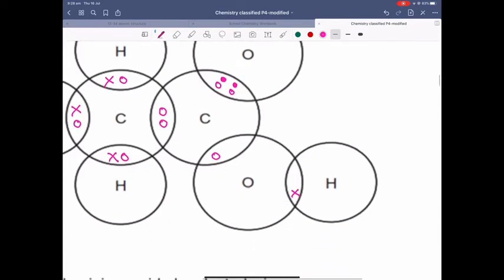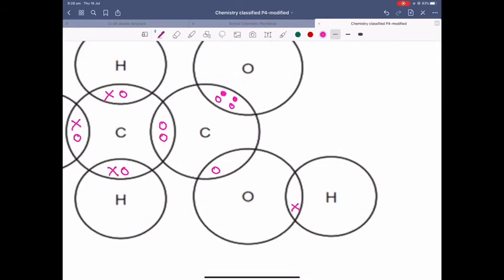That's your double bond there. And then here it's a single bond, so one from each, and obviously it returns the favor here by also sharing one electron back with the hydrogen electron there.